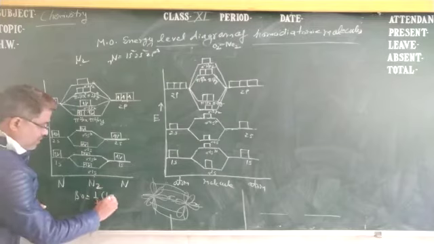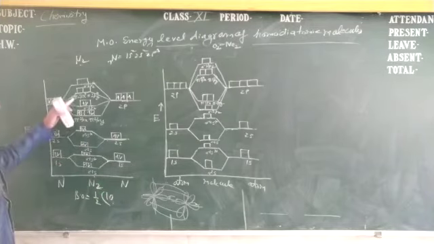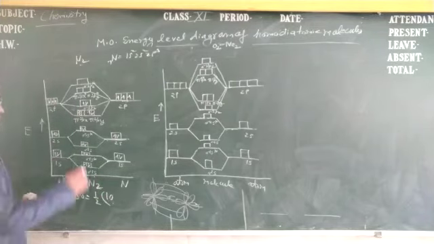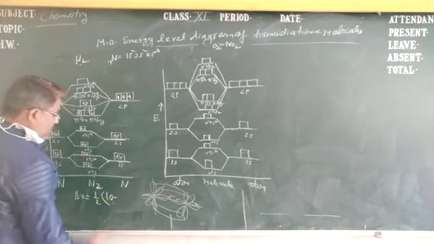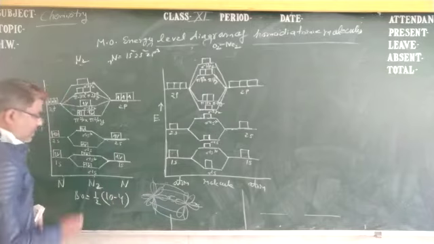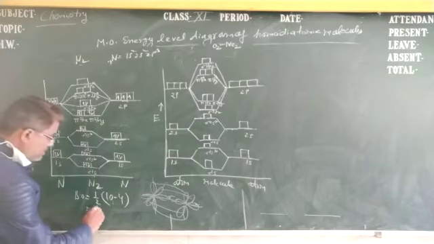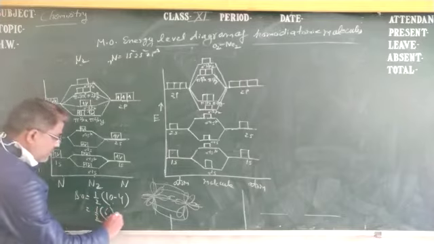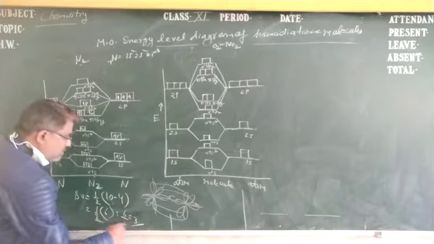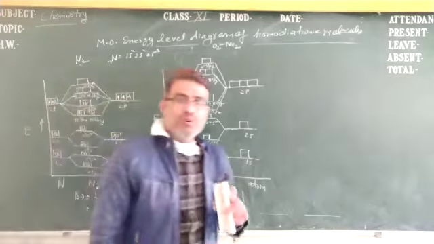And for antibonding, just count the electrons. There are 4 antibonding, this one and this one. So that is 10 minus 4, that is 6. So 6 by 2, that is 3. So the bond order of the N2 molecule is 3.